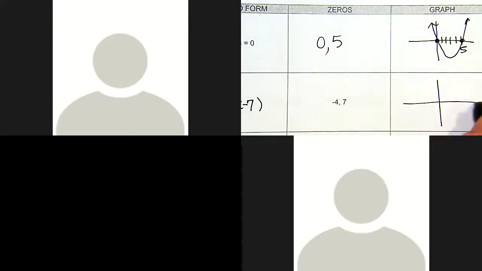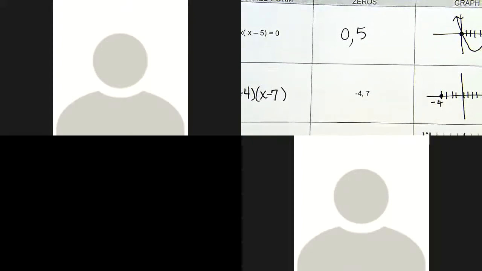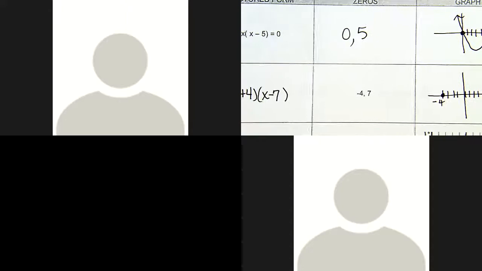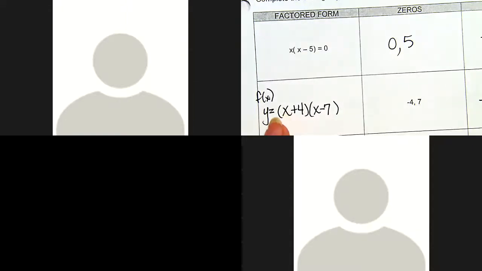What I want to do now is go ahead and count: 1, 2, 3, 4. 1, 2, 3, 4, 5, 6, 7. It's negative 4, up and down. The way I've written it, it's positive.